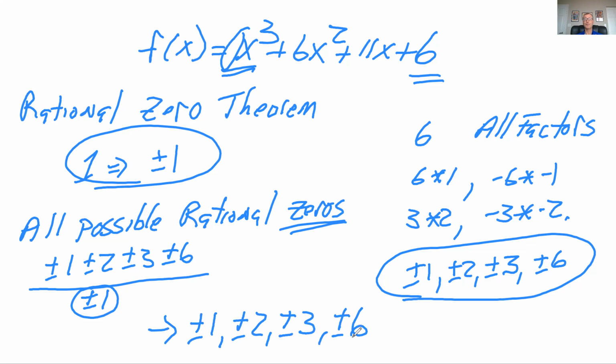So what's really amazing in this theorem is you went from looking at this equation and saying to yourself, what numbers do I start with to see if there are any zeros? We go from trying an infinite number of numbers down to 8. And so basically what you would do then is take these numbers and plug them in and see if you would get y equals 0, right?